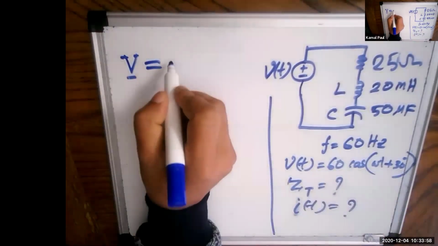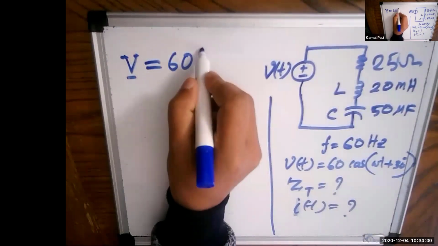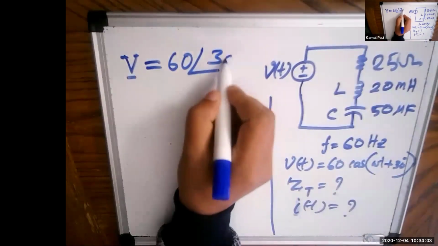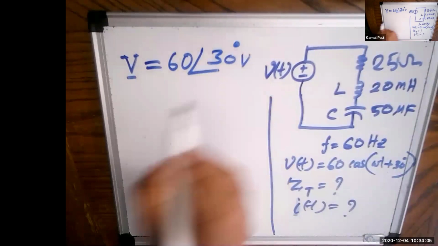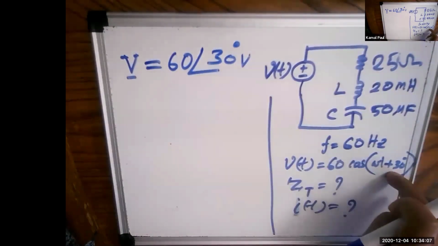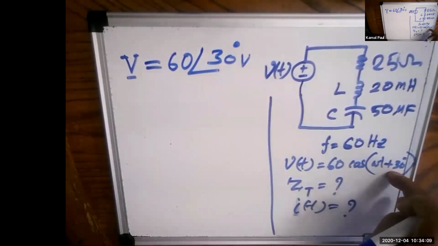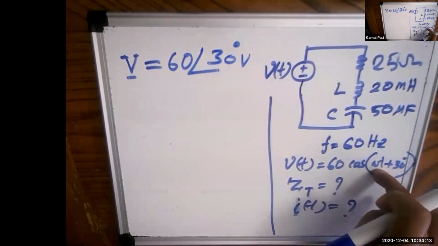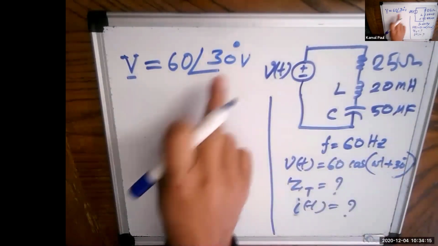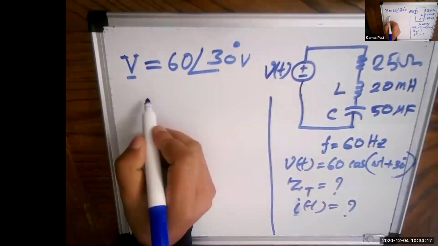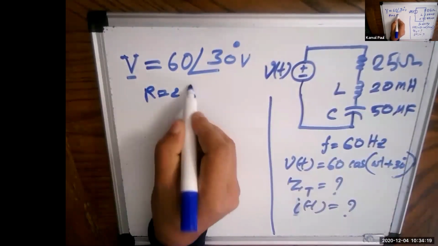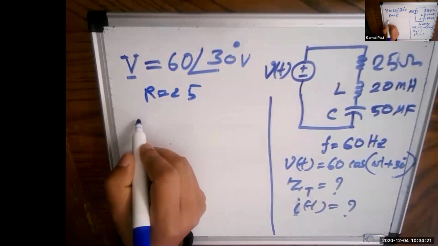This one is 60, and the angle here is 30 degree. If there is no angle here, if it is only given omega t, then this angle will be 0.